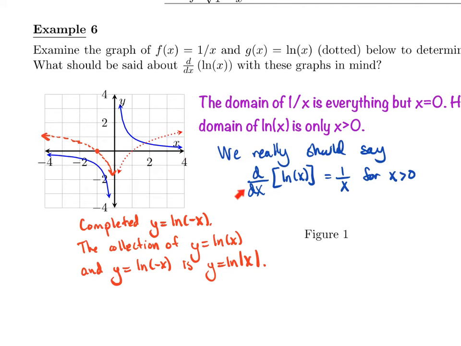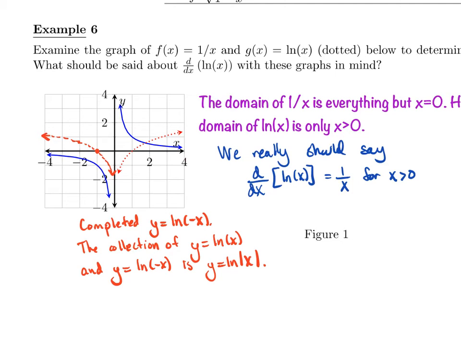Now when we take derivatives, I know I mentioned this in the notes at least once, you really should be saying 1 over x for x greater than 0. We get kind of lazy and we don't do that. So really we want to be thinking about the function and its derivative, or the function and its antiderivative, having very, very similar domains, not a whole entire chunk of a domain missing.